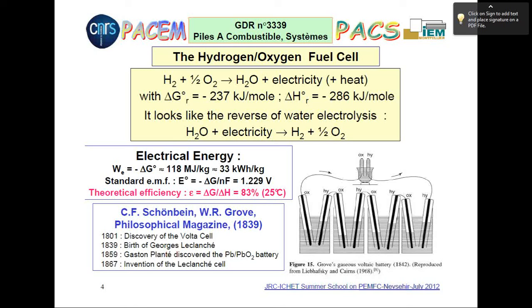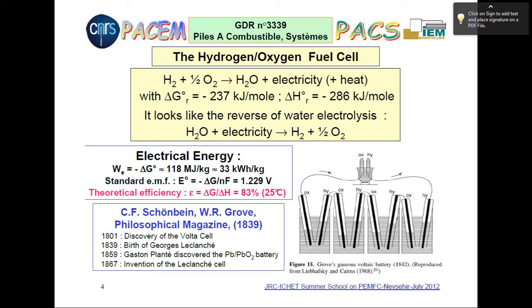In the hydrogen-oxygen fuel cell, as you saw yesterday, you have the reaction of hydrogen with oxygen. It is a combustion reaction, but it is made with an electrochemical reaction. It means there is no fire, no explosion. It's very smooth at room temperature.